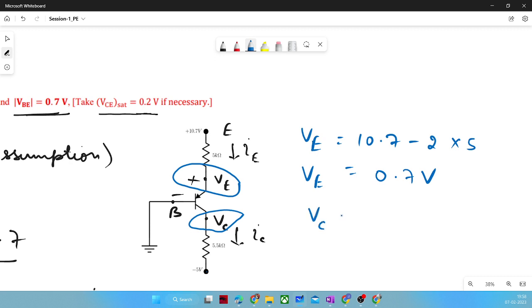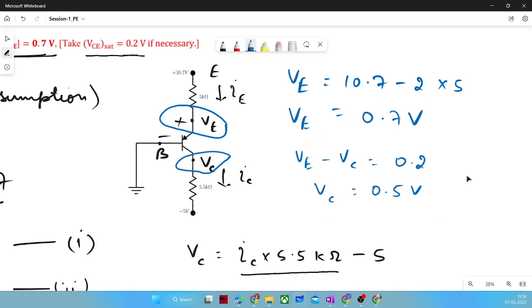So VE minus VC is equal to 0.2, so VC will be 0.5 volt. So we computed VE and we computed VC. Now we can compute this IC current since we know the potential at this node.